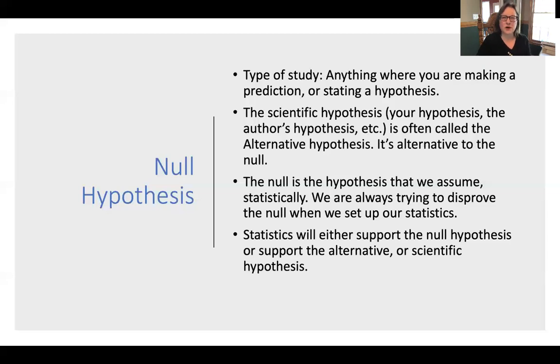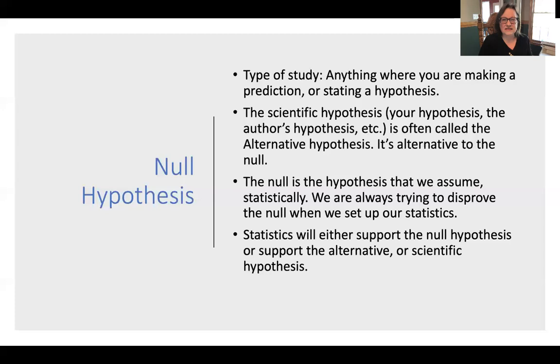If the chance that you got these results, if the null hypothesis is true, is like 50%, it's 50% likely that you get these results, there's no way you can say, well, then maybe the null isn't true, because half the time you're going to get those results. So probably the null hypothesis is the hypothesis that you would retain.